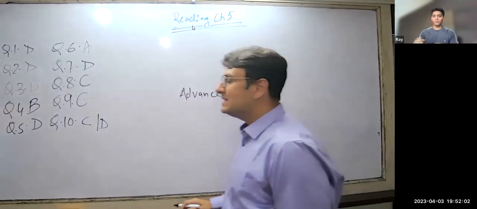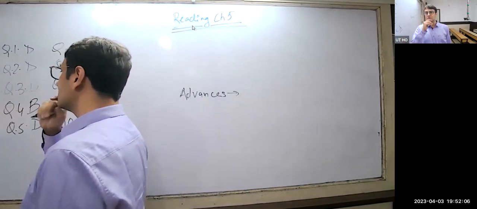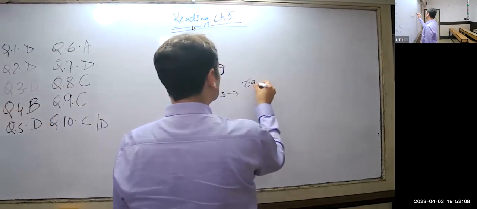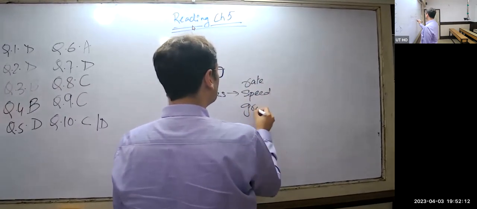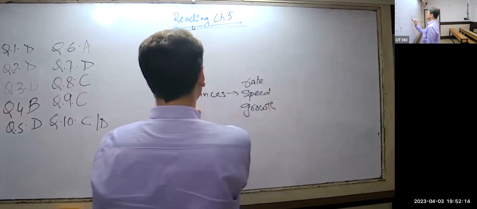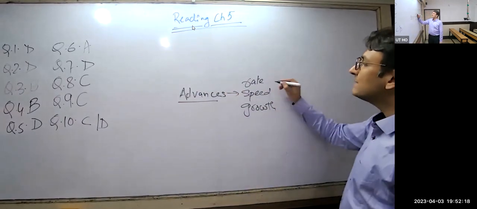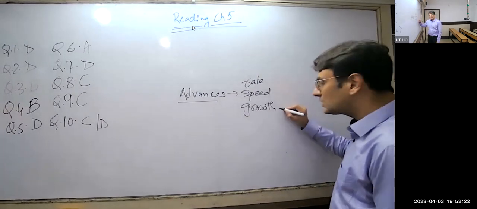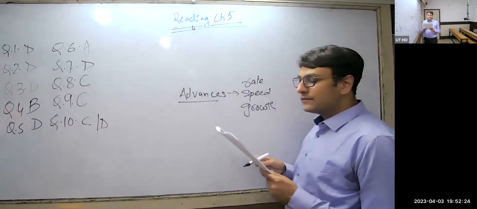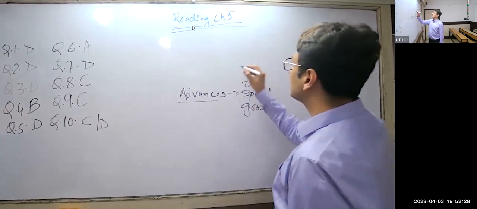It goes forward. The enemy advances. So you're talking about some rate, maybe some kind of speed or some kind of growth, because this is advance, right? Now, this is some kind of rate of growth, speed, growth in an area. If you read that phrase, it says dash approximately 200 square kilometer.